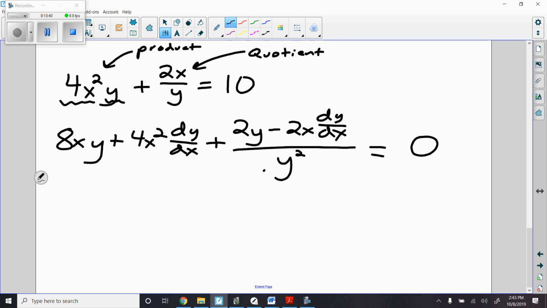Okay, before I start solving this, I want to get this big fraction out of here. And what I'm going to do is multiply both sides of the equation by what's in the denominator. So I'm going to multiply both sides by y squared.